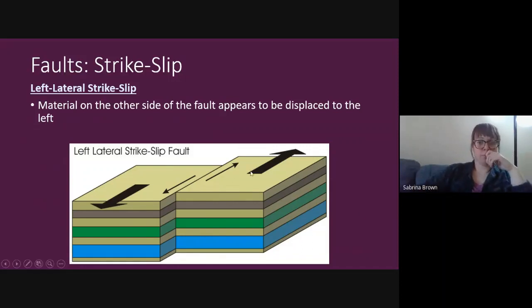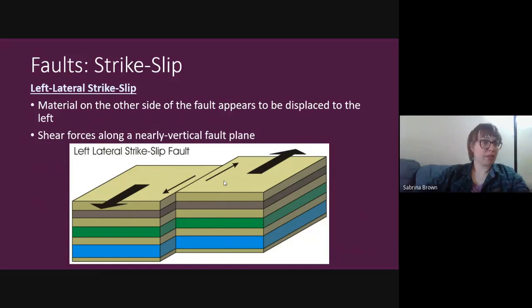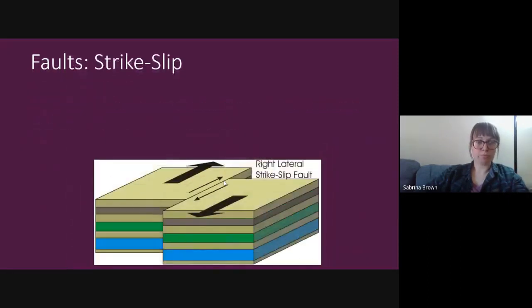The other block appears to move to the left in relation to where you're standing on this block. Again, this is because we have shear force along a vertical fault plane. So we have to think of another way to describe things instead of a hanging wall and a foot wall.